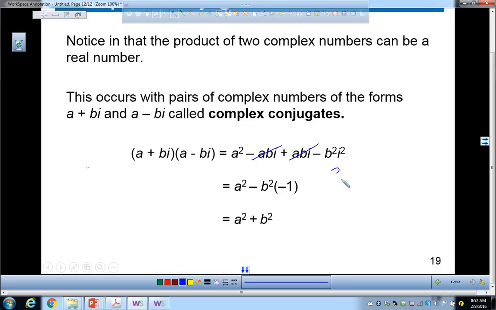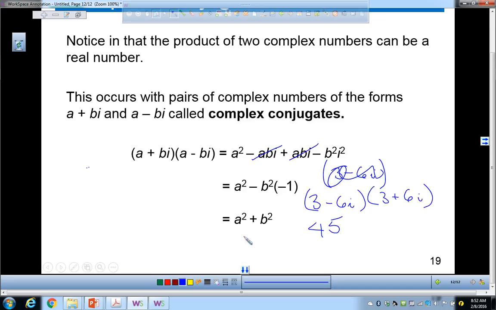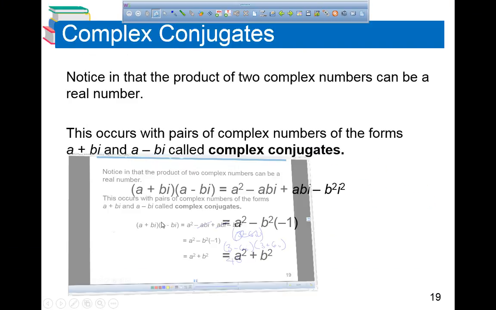So 3 minus 6i times 3 plus 6i, using this formula, it's just going to be this squared plus this squared, which is just 45. Understand that? Okay. You could do it out the long way, but that's all that says.